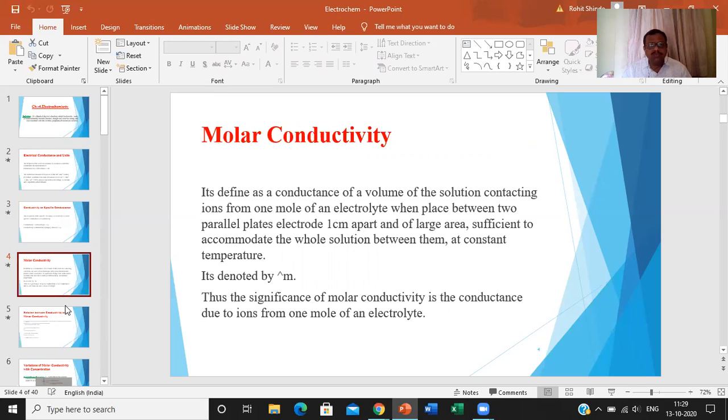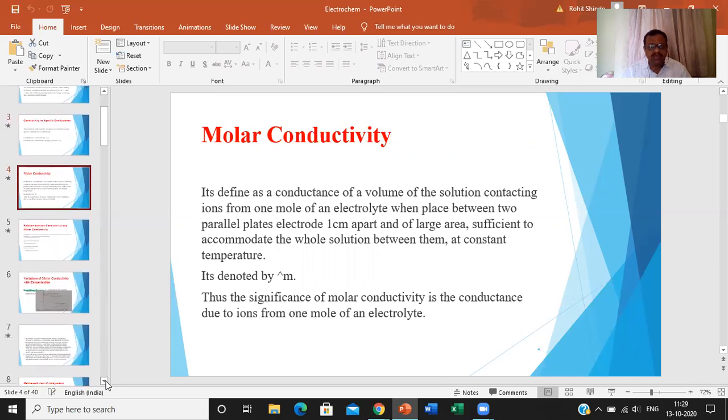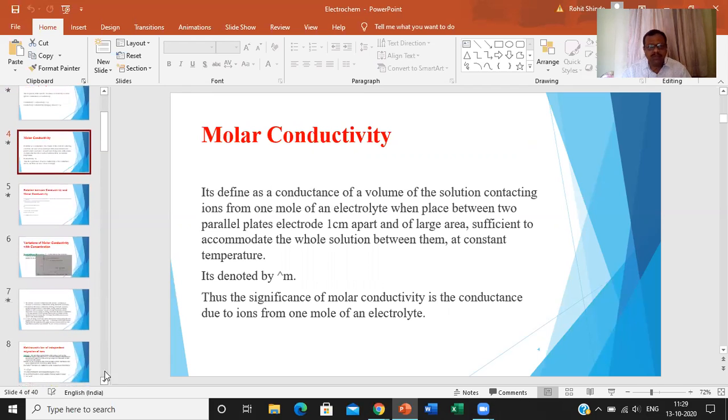So a new concept, molar conductivity, has also to be studied, as we are more interested in the conductivity of the solutions.